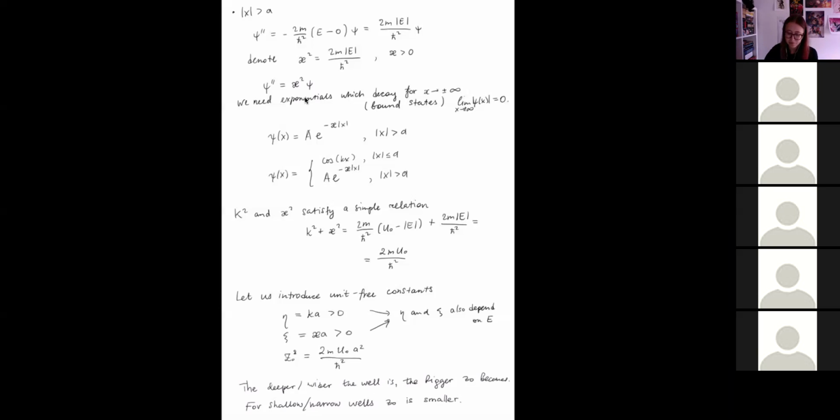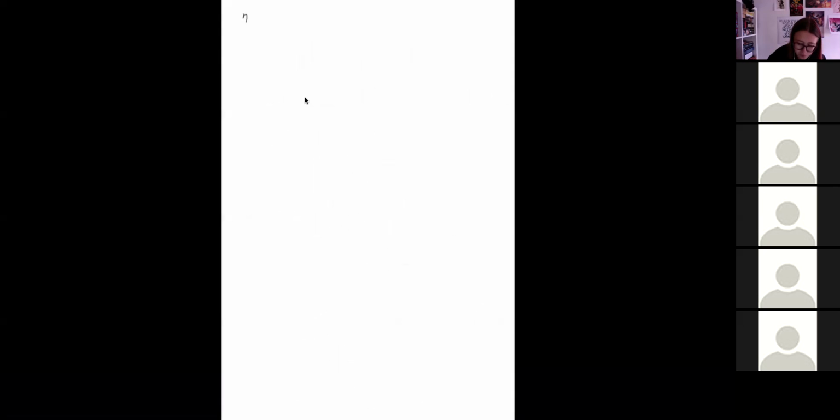Now, following from the connection between k squared and kappa squared, we can formulate a similar connection for their proxies, which are eta squared and psi squared. So we can see that eta squared plus psi squared would be equal to k squared plus kappa squared, times a squared.